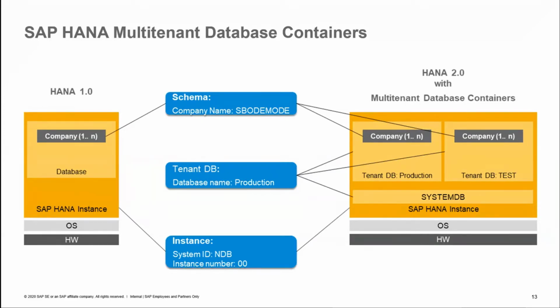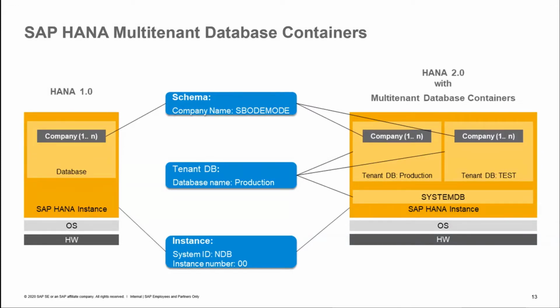If we compare it with SAP HANA 2.0, then a new additional layer has been introduced, and this is called the tenant database. The tenant database sits between the instance and the schema, and basically we can say a tenant database is a container for database schemas.